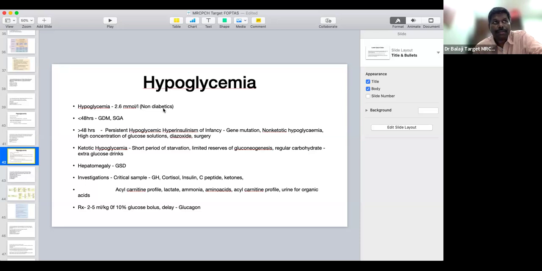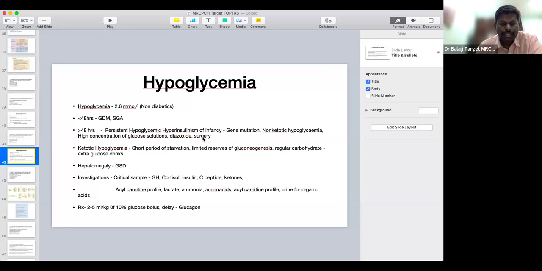But for diabetics it is somewhere around 4, which comes to 70. We all know that within 48 hours, especially the GDM babies and SGA babies are prone to hypoglycemia. If it persists beyond 48 hours, then only we need to be careful.